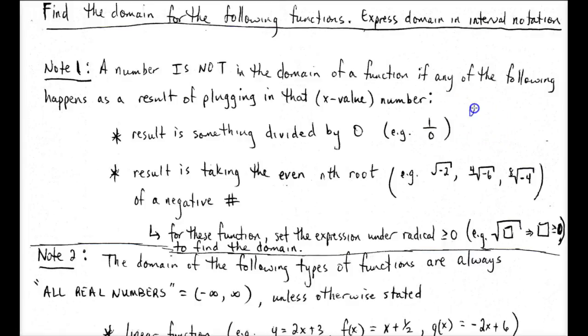So to give you a quick example of that, let's say I had a function y equals 1 divided by x plus 3. Here I know if I were to evaluate this function when x is -3, in other words, y of -3, I would get 1 divided by -3 plus 3, which is the same as 1 divided by 0.